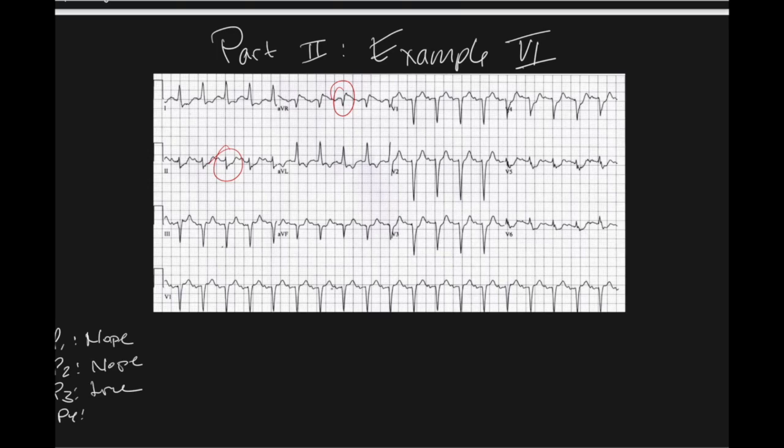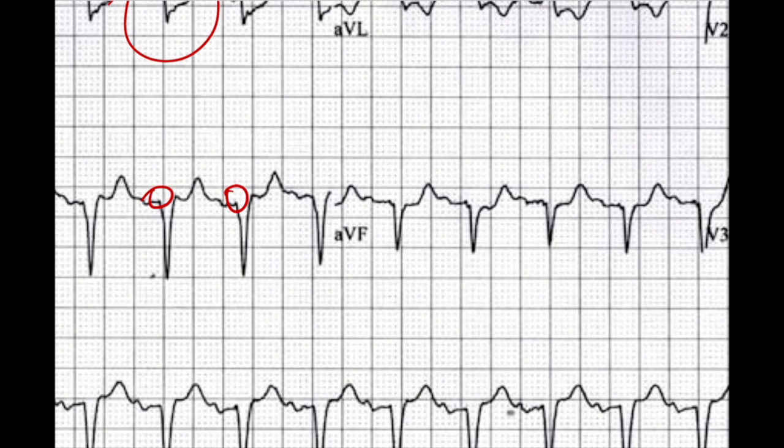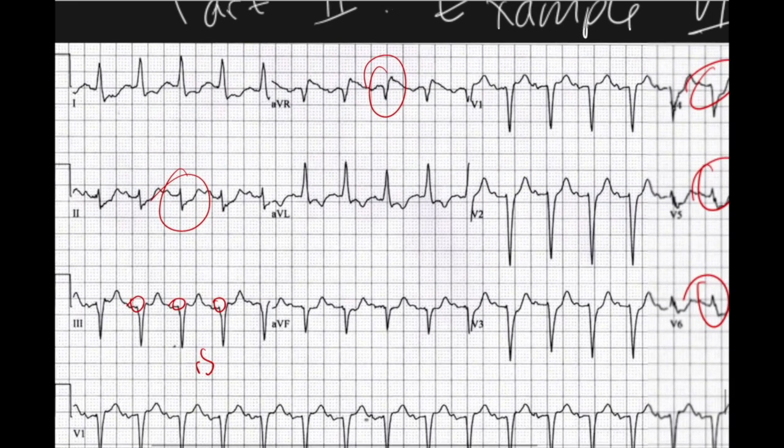Pattern 4, we have that shifting from V1 to V6, and we see that that is not really true because we lack R waves really in these lateral leads. So not really. And the 5th is that we don't have any pathologic Q waves anywhere. And so let's go through. Now V3 may look like Q waves, but there is that tiny positive deflection prior to that downward, so that makes me think that this is a massive RS complex.